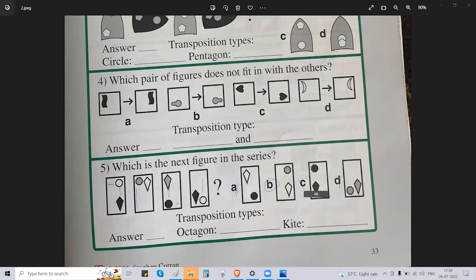What made you think of B? It made me think of B because the octagon and kite move, and the only way these two shapes can move now, they can't go down, so they have to go up.